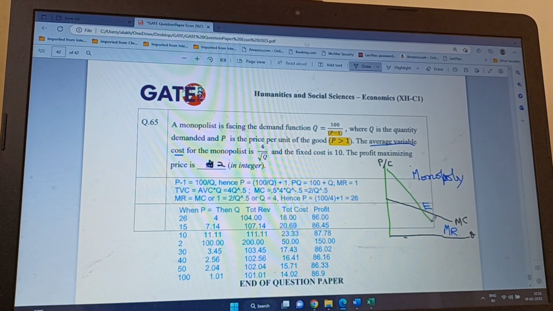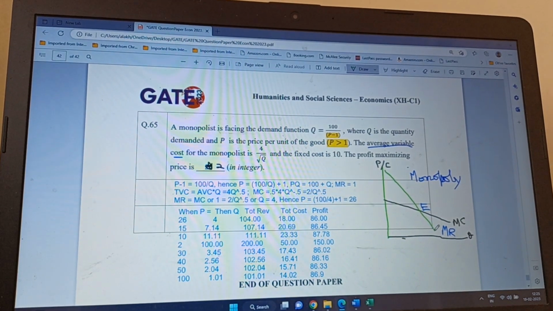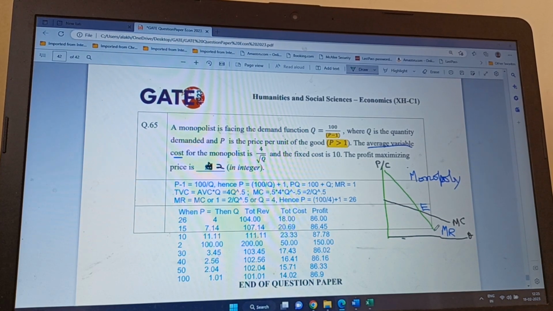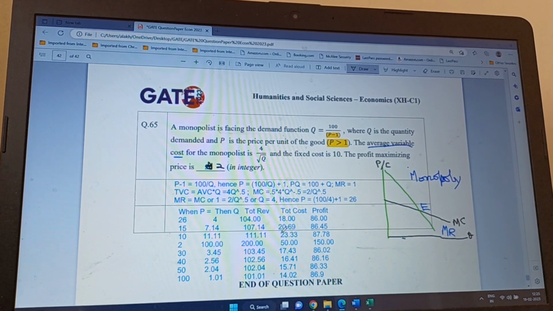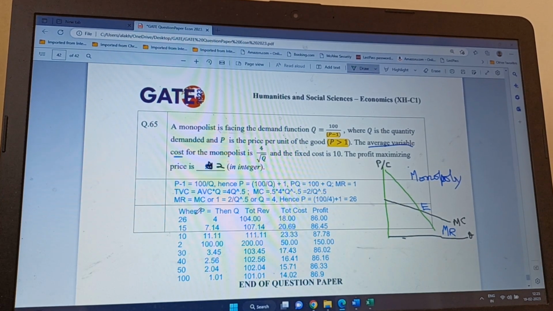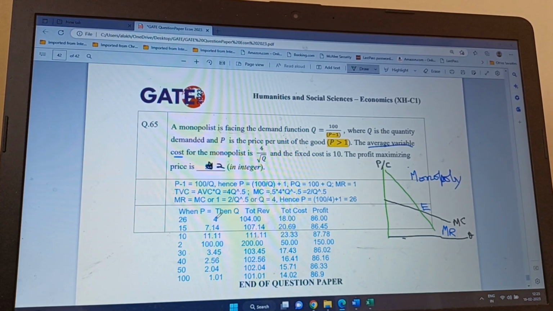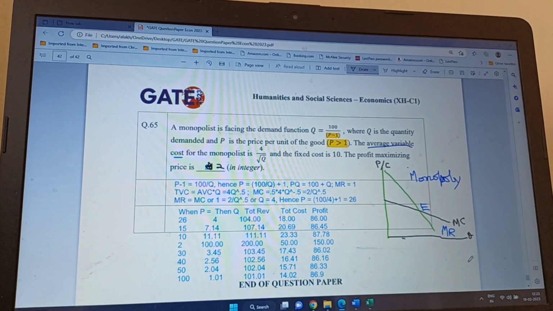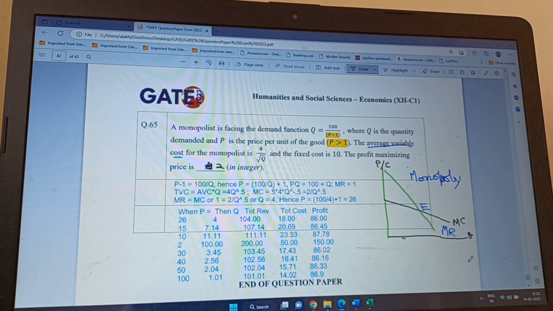Here it is like this. The MR curve, the lower the quantity, the higher the MR, and the higher the quantity, the lower the MR. So the MR curve is actually declining.